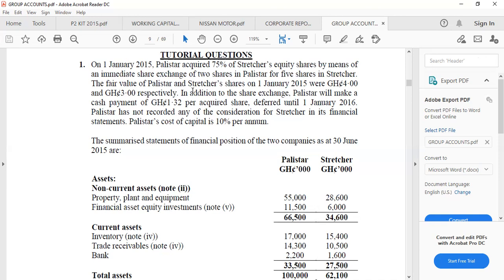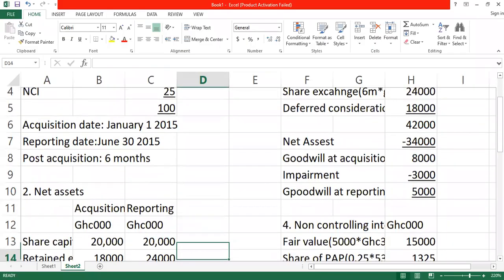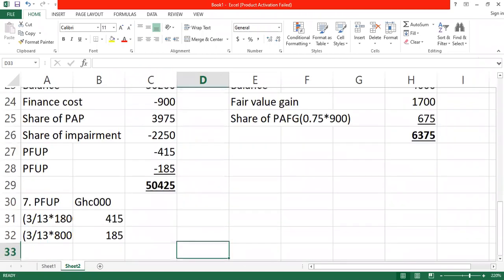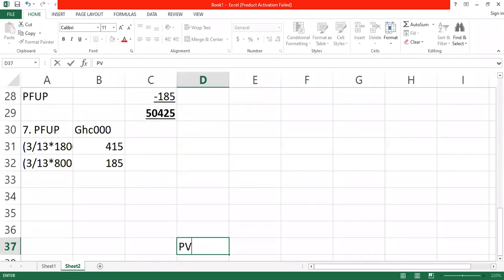How do we present value it? The 19,800 is the future value in 1 year's time. So the present value is equal to the future value divided by (1 plus R) exponent n. The R is the cost of capital of the parent, and n is the number of years until you pay the money.